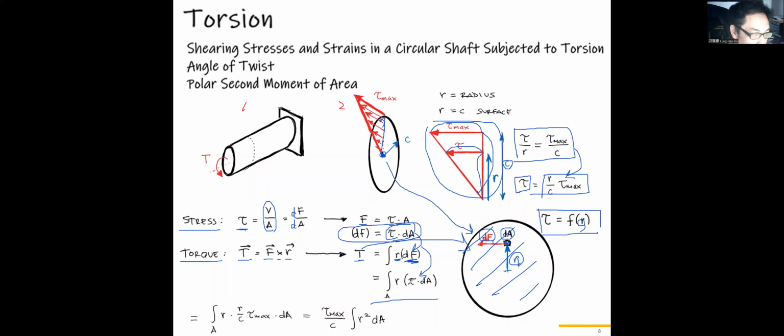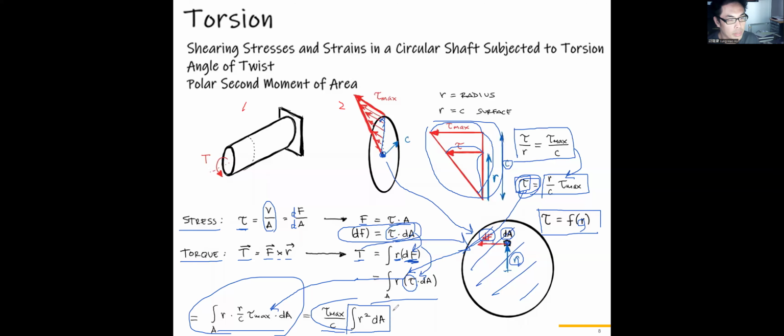Then we plug this tau in here, and we get this equation. Then we rearrange this equation, and we get tau max, the maximum shear stress, divided by c, the radius of this shaft, times the integration of r squared dA.